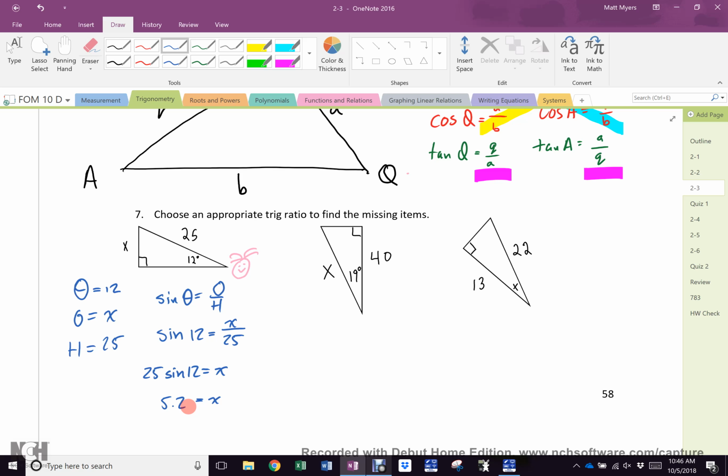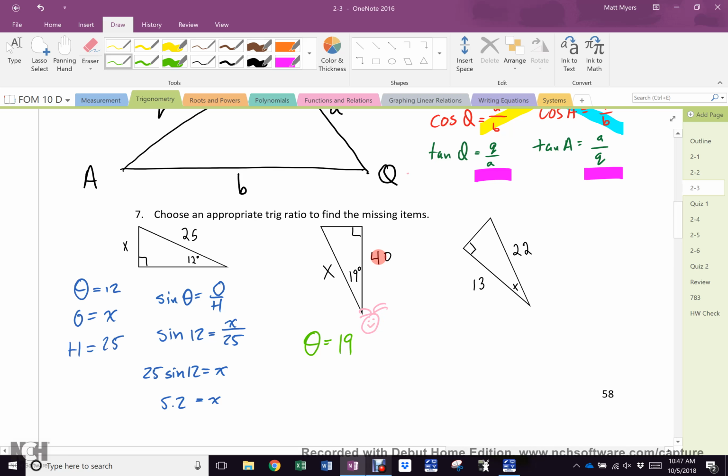What is the first question I'm going to ask you about the second triangle? Do you have a theta? Yes. What is it? 19. Once you have decided on your theta, where do you send my smiling pink face? To the 19. Once I am set up there, now I have my opposites and adjacents.